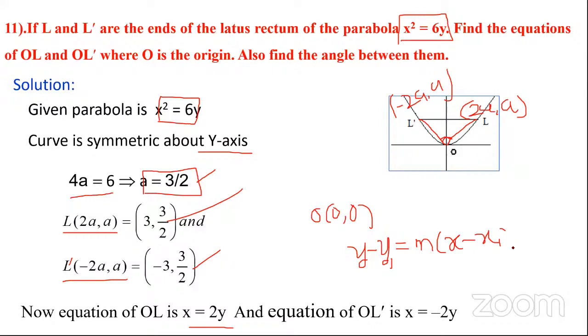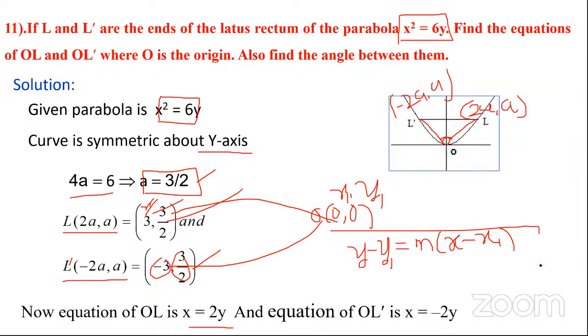Taking the points as (x1, y1) and (x2, y2), just solve and substitute in the equation. First you have to find the slope m. Then you will get the equation of OL as x equal to 2y, and of OL dash as x equal to minus 2y.